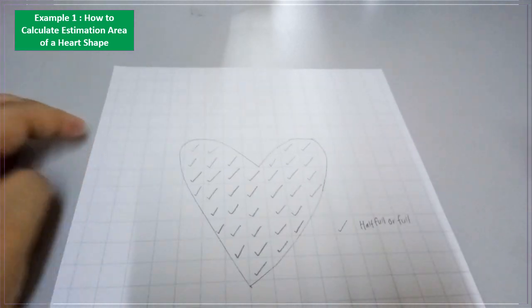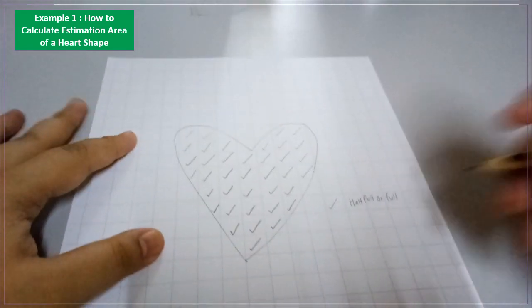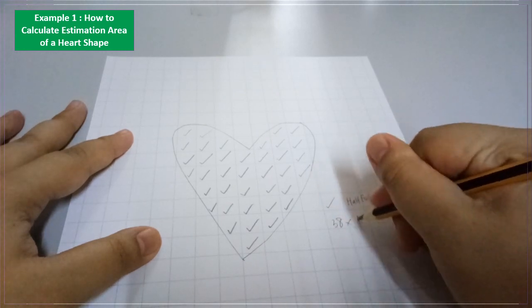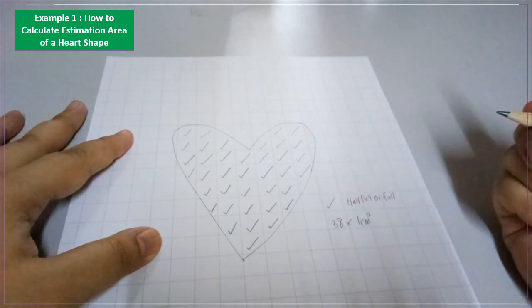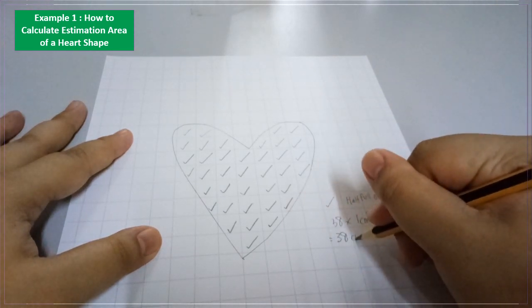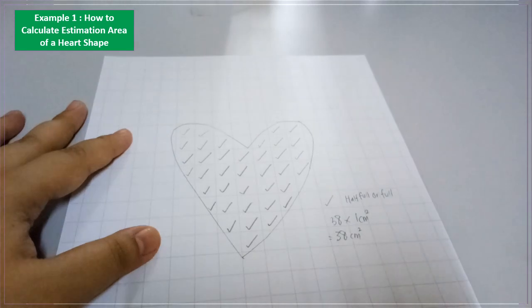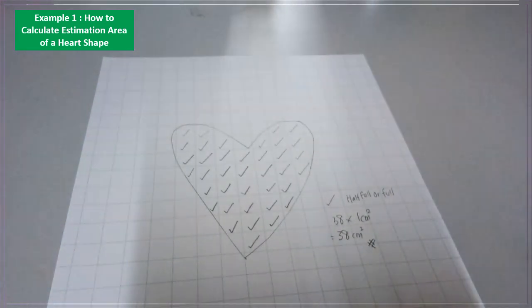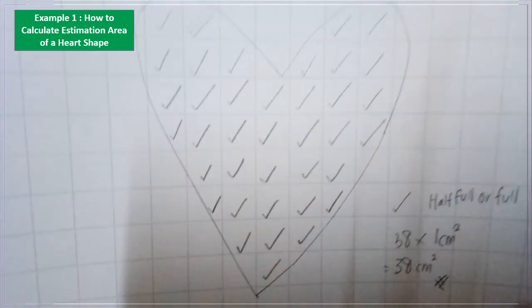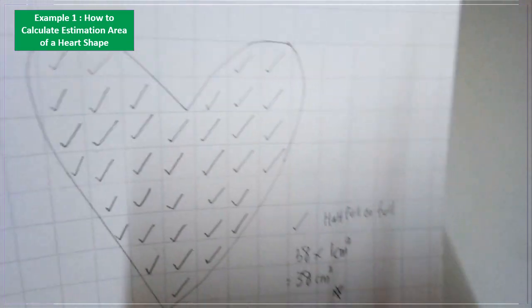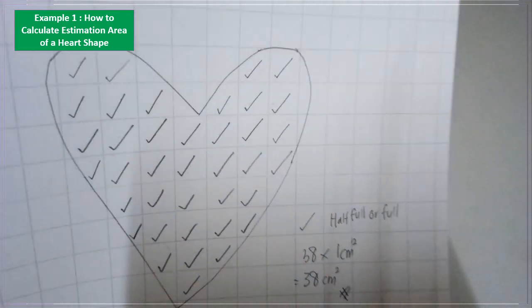So we have 38 tick boxes, and the answer is 38. So easy, right? It's very easy. You will be able to do your exercise today with ease.